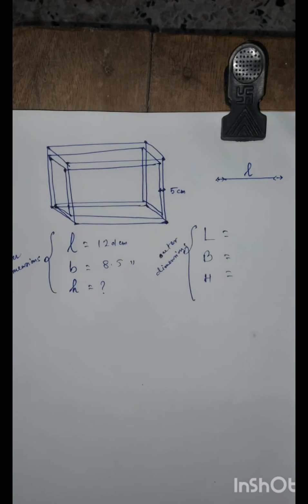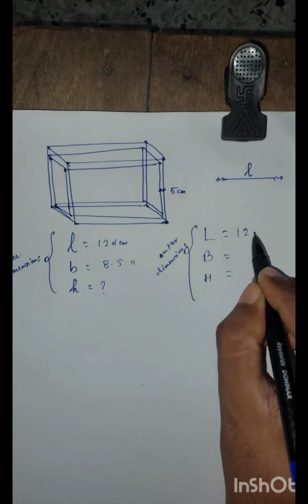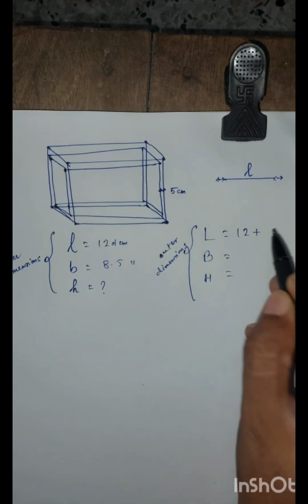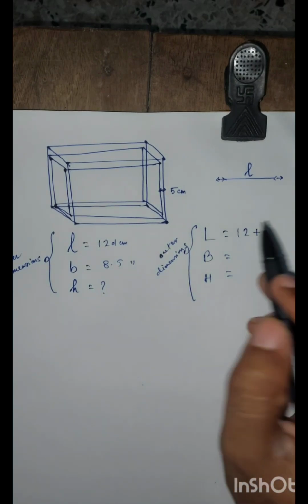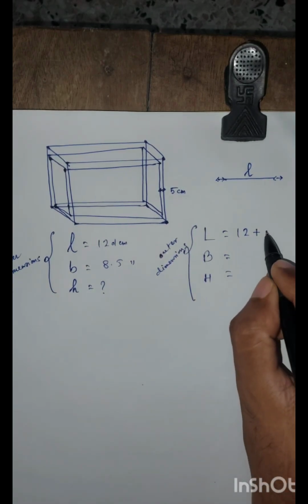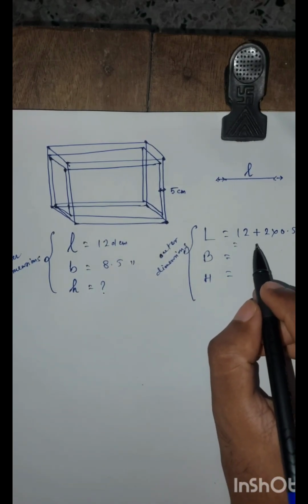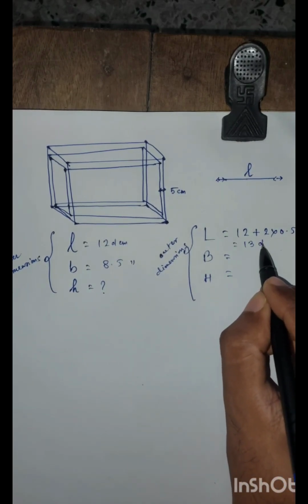So it is actually 12 plus 5 centimeter, that means half decimeter. So 2 into half, 2 into 0.5, that means 13 dcm.